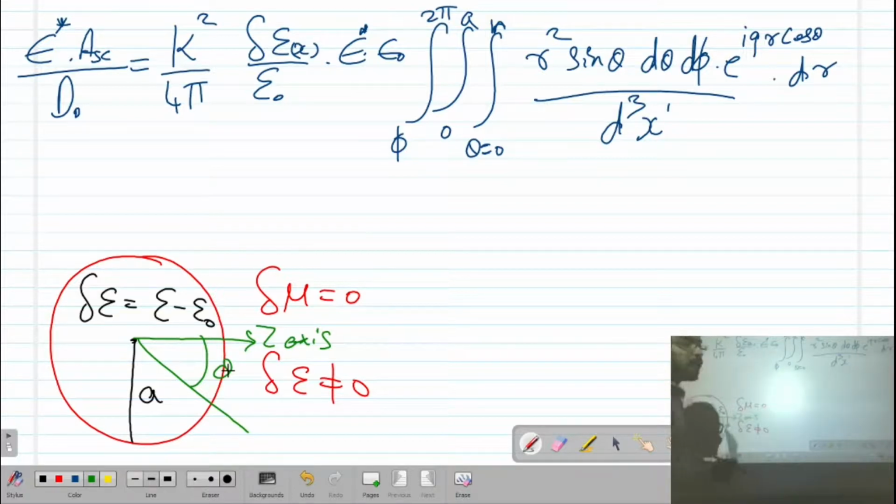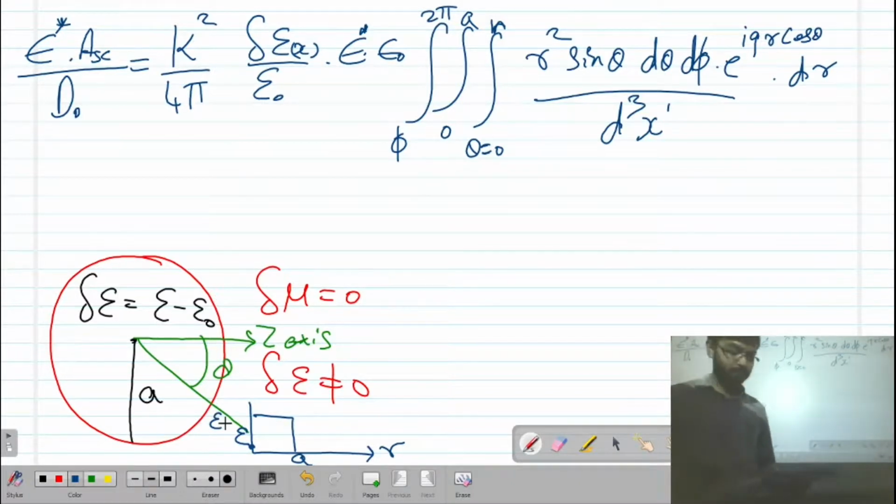So you can have r, and this is a, and this is epsilon 0, this is epsilon. So r sin theta.